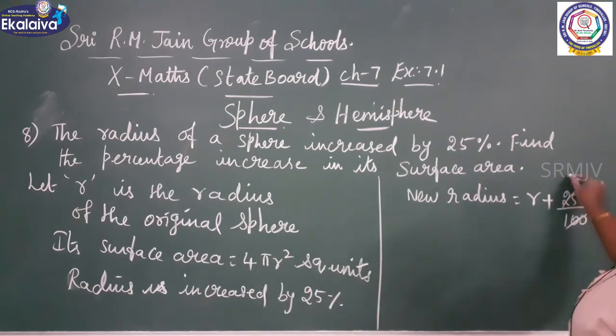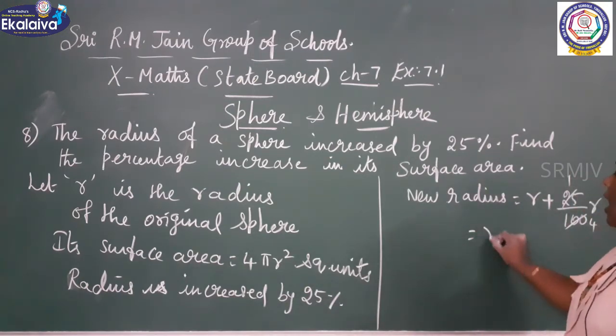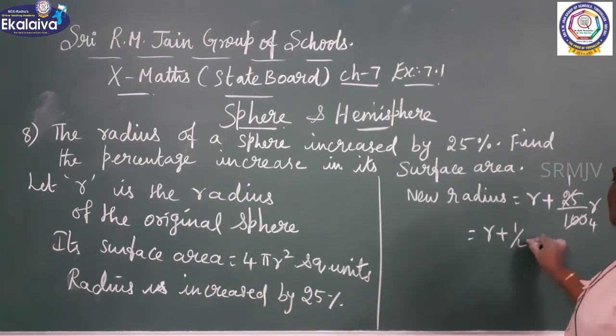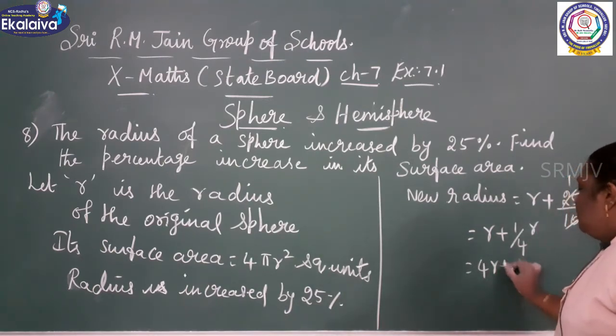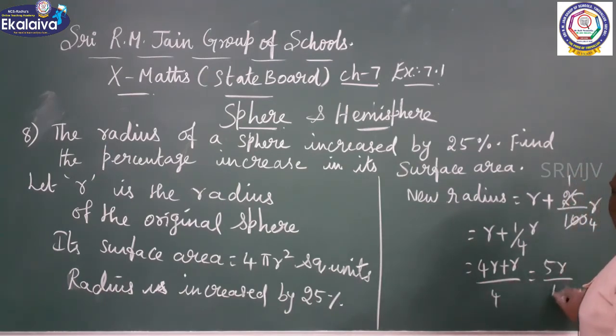You can cancel the value: 1 by 4 r. So r plus 1 by 4 r, take the LCM: 4r plus r by 4, which gives 5r by 4. It is nothing but the new radius.